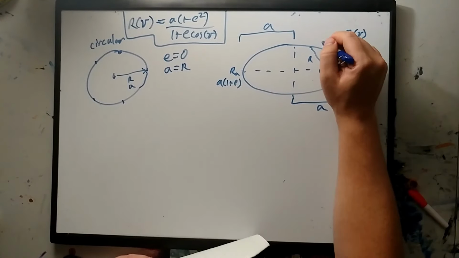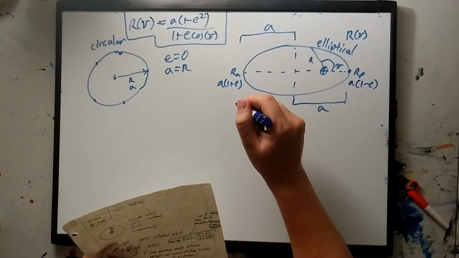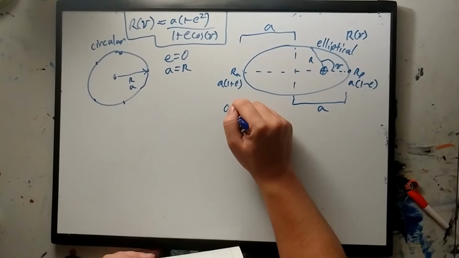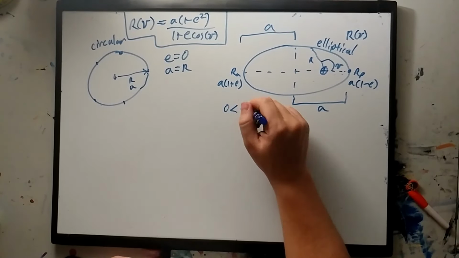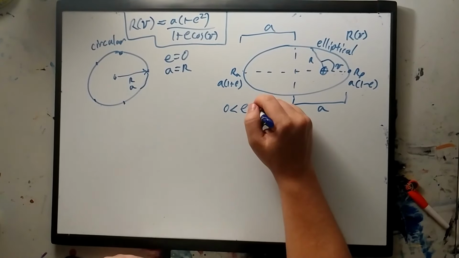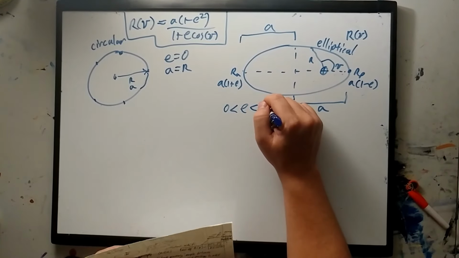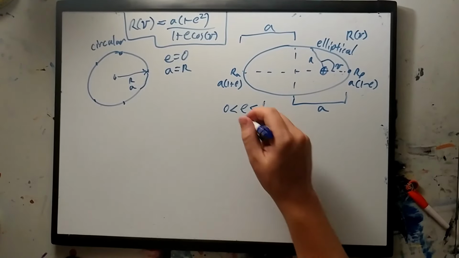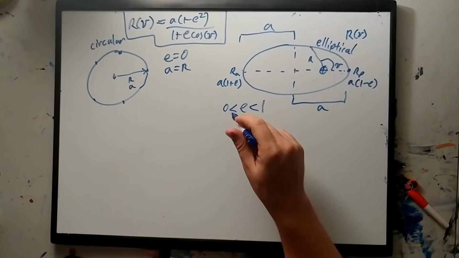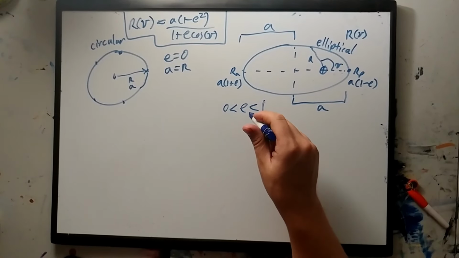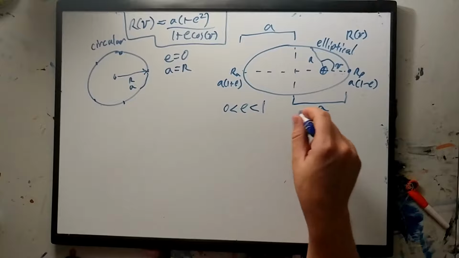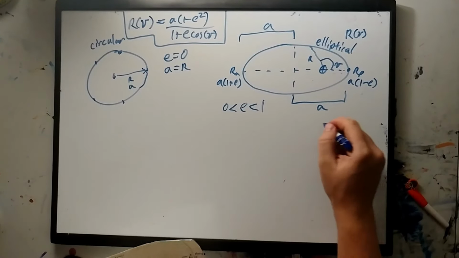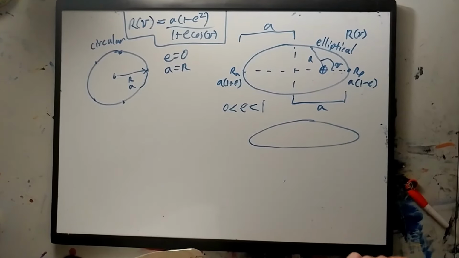Our eccentricity must be greater than 0, because if it was 0 it'd be circular, but it also must be less than 1. So eccentricity can be anywhere from 0.000001 to 0.999999, and as it gets more eccentric, it will look more and more cigar shaped.